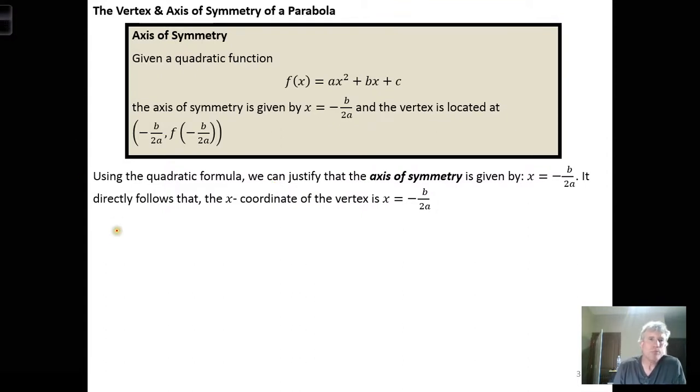So the first step in thinking about this is to think about quadratic equations that we looked at earlier this semester.